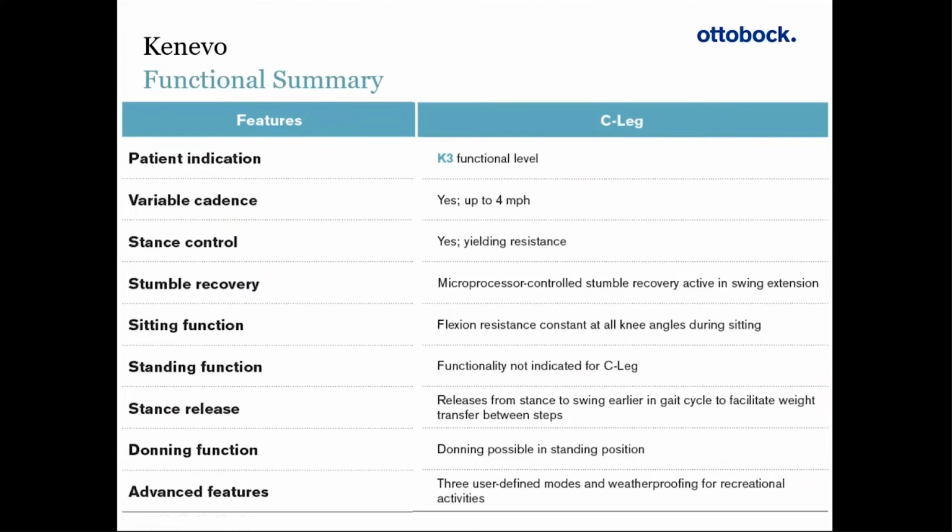It doesn't have the capability of lowering them down into the chair or having that functional standing up function that the Kenevo does. So it really truly is for that true K3 level of patient. So hopefully that gives you a better idea of the functionality of the Kenevo compared to the C-leg.